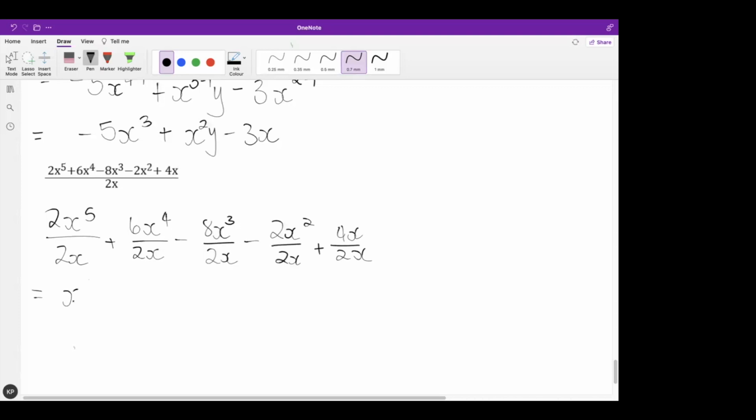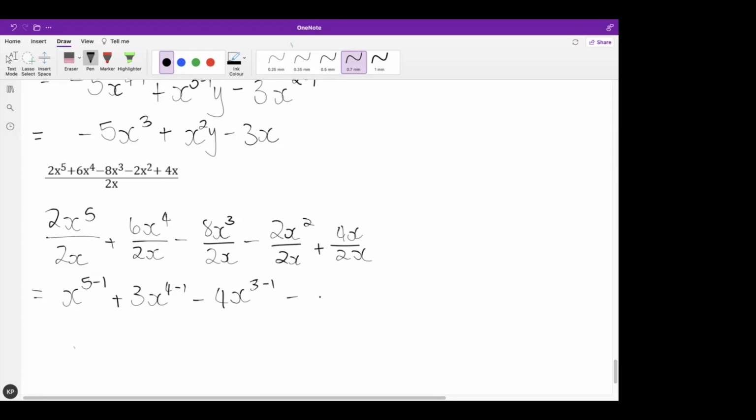So it's going to be x to the power of 5 minus 1 plus 6 divided by 2 is going to give us a 3 times x to the power of 4 minus 1 minus 8 divided by 2, it's going to give me a 4. x to the power of 3 minus 1.